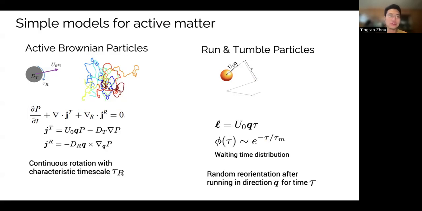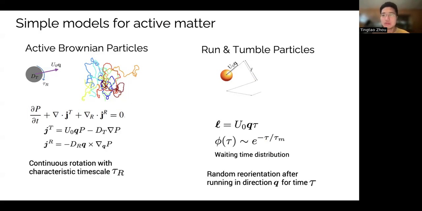And the direction q is diffusing over a characteristic timescale tau r, right? And we can write down the transport equations for its probability distribution, and then we can model that. We can do simulations to find out its typical trajectories, like the one shown here.